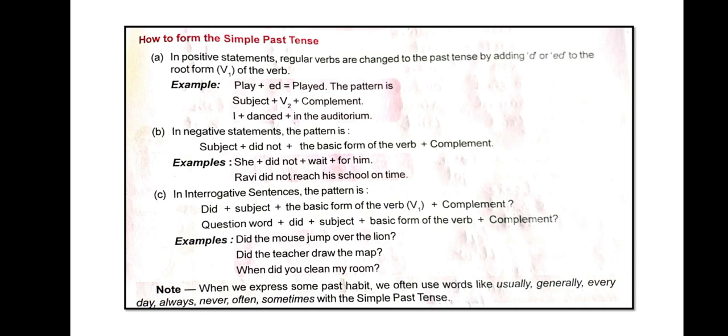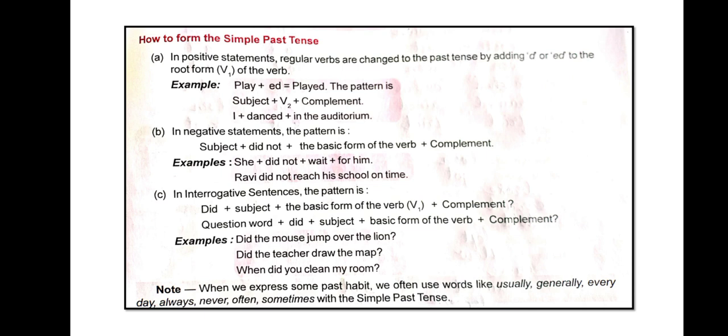First we will see A. In positive statements, regular verbs are changed to the past tense by adding d or ed to the root form of the verb.